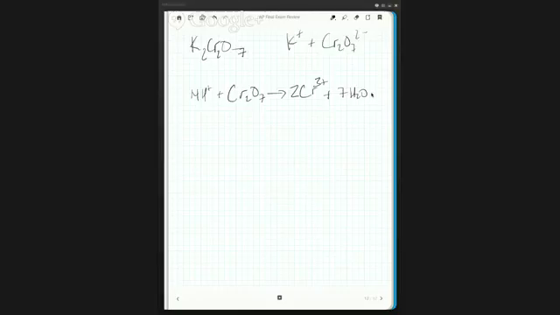So we have to add, is that right? 6, 14, I guess so. 8, oh, no. Sorry. You want them to be the same because the electrons are just negative. So you add 8 electrons here.